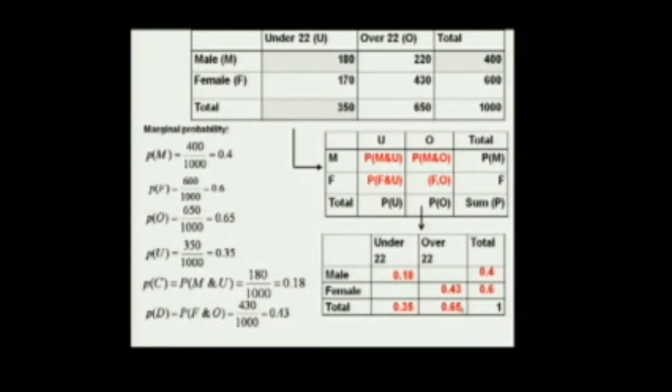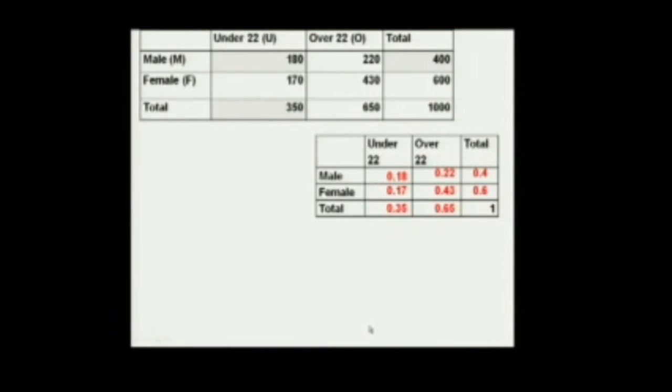And as you can see, we now can complete the table. Given that these are the totals again, and these are the individuals, we can complete the table, and that completes the contingency table probability. So here is where we are now, and from here we can ask more questions, such as what is the chance that the student is either male or under 22?